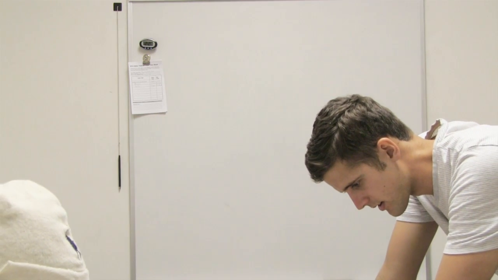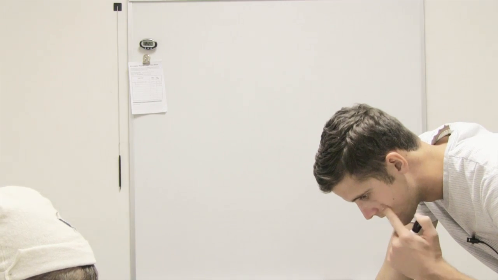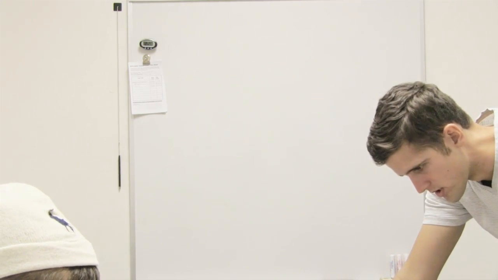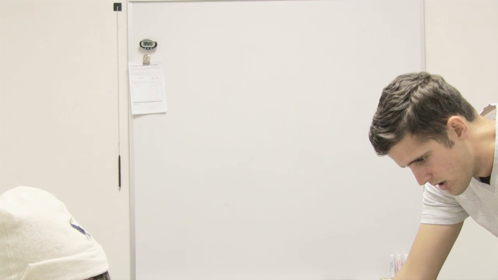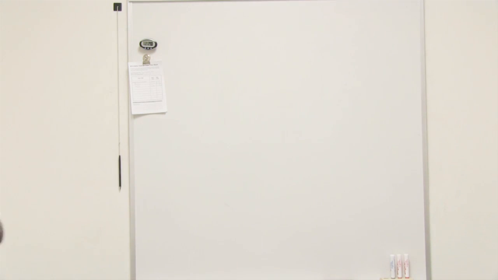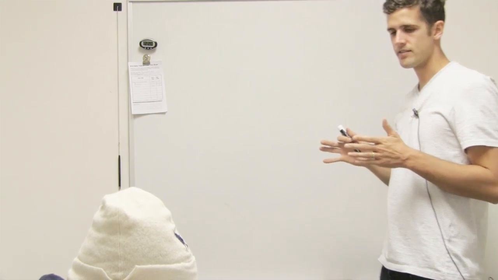A 100 gram rubber ball is dropped from a height of 2 meters onto a hard floor. Figure 9.10 shows the force that the floor exerts on the ball. How high does the ball bounce? When you do impulse and momentum, you're only looking at either side of the collision.